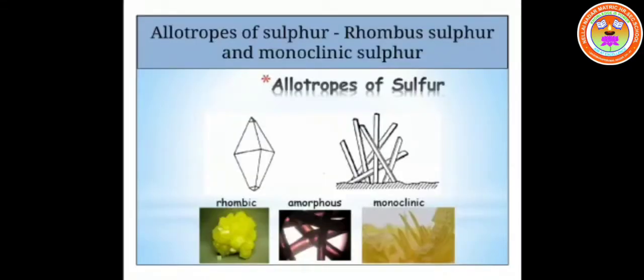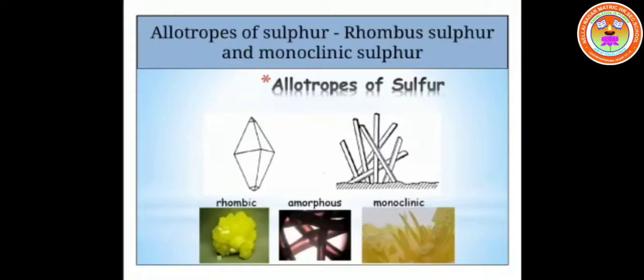So rhombic sulfur and monoclinic sulfur, all these are the allotropes of sulfur. Monoclinic sulfur has got a needle-like structure. Remember, remember. You have all got very good memory. You are all very smart and you can remember all these things very easily.